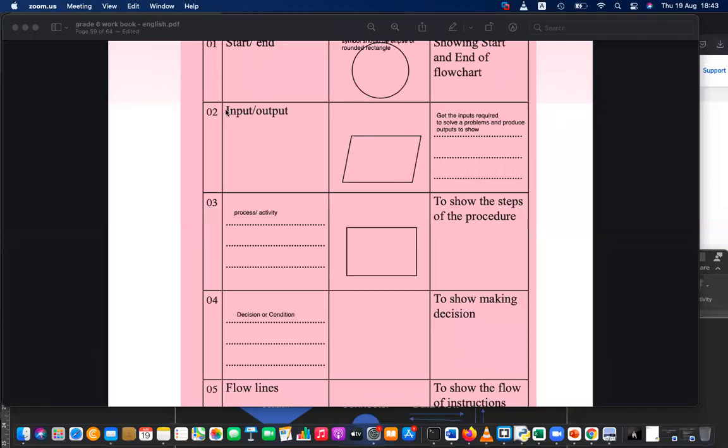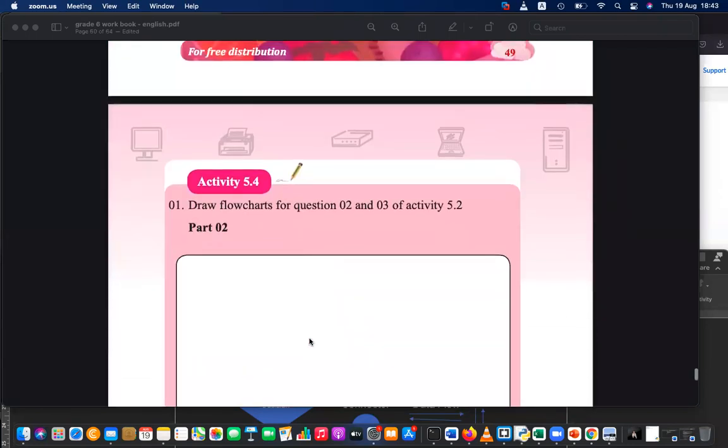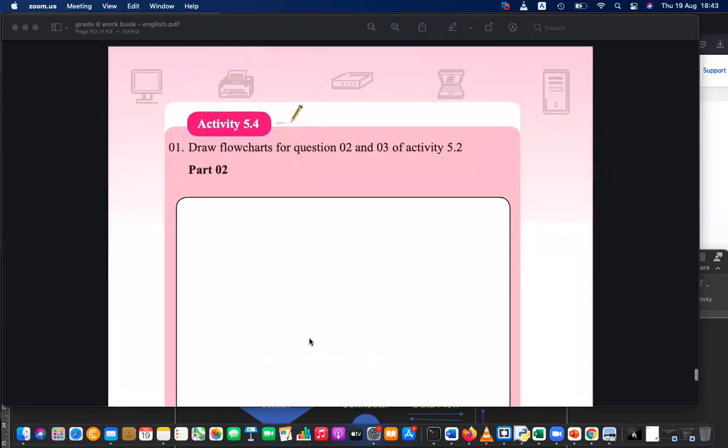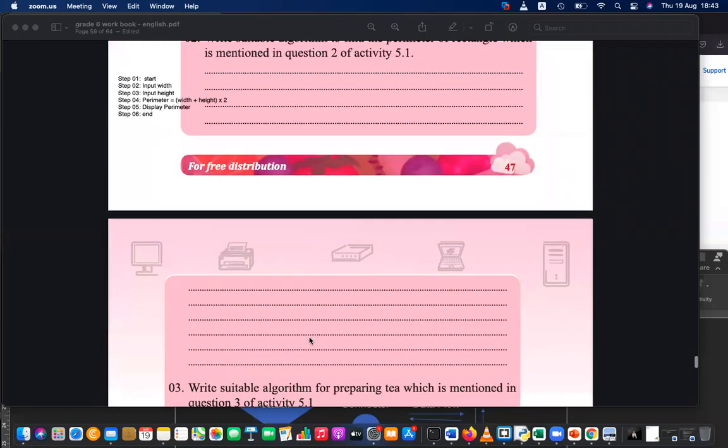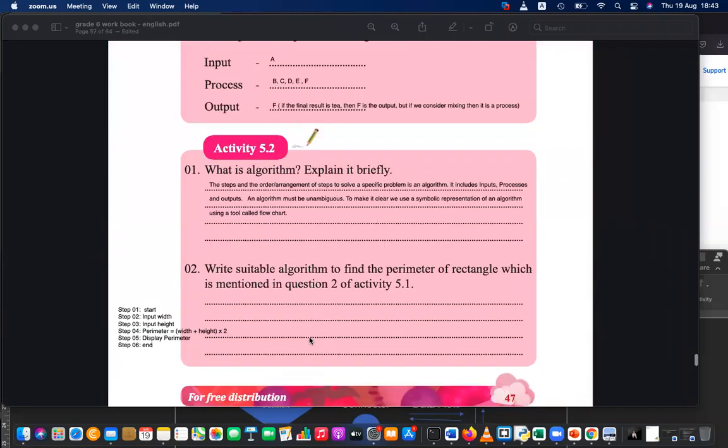Okay, then, draw a flow chart for questions 2 and 3 of activity 5.2. So what is 5.2? That is finding the perimeter of a circle.